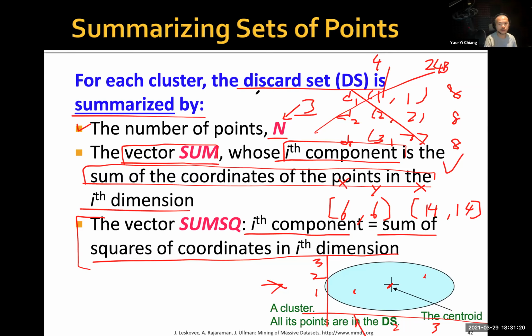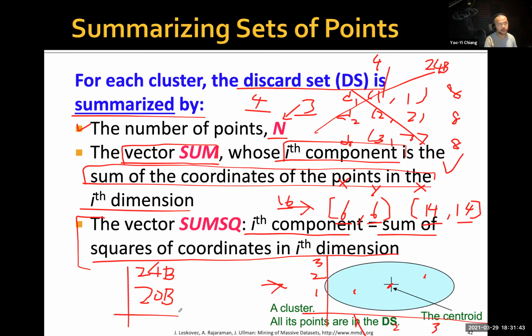You have to store this, so 4 byte. You have to store this, 4, 4, 4, 4. So 16. So 4 plus 16. Now you are using 20 byte. Okay. Originally, with the raw data, you are storing your data with 24 byte.